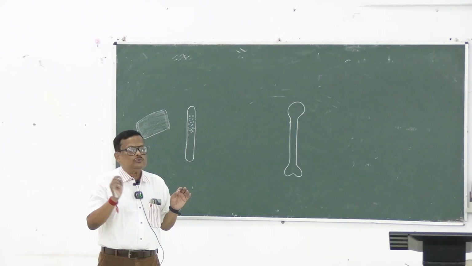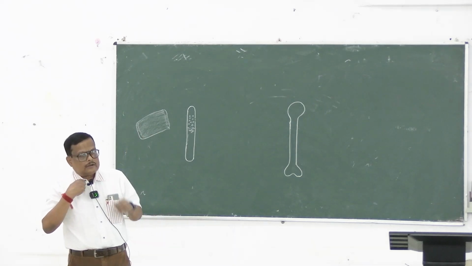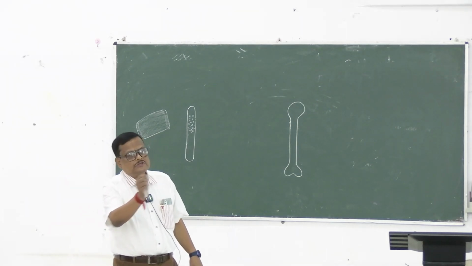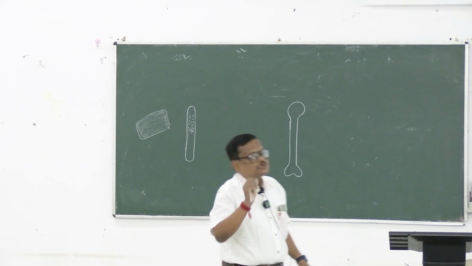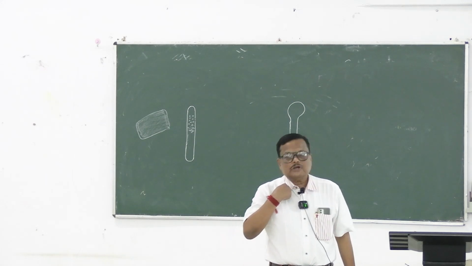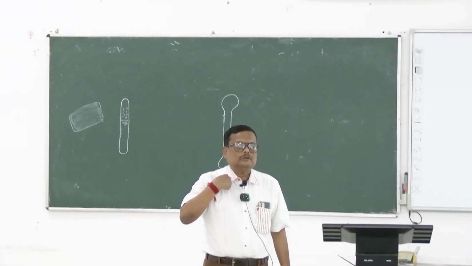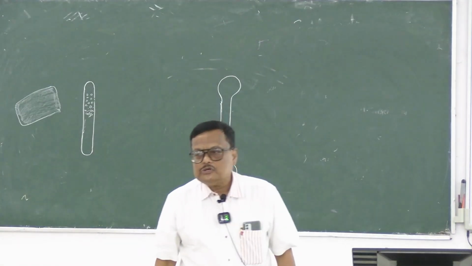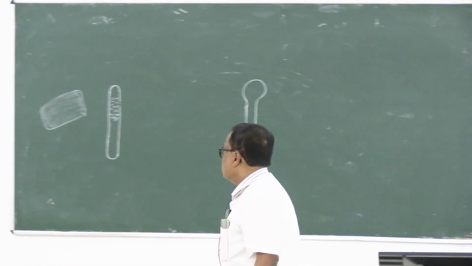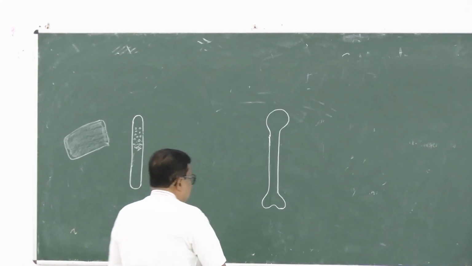And about the clavicle, the first ossification, it is an exception. About 5 to 6 weeks of life, the first ossification starts. What is an ossification center? It means the cartilage model has got a blood supply.